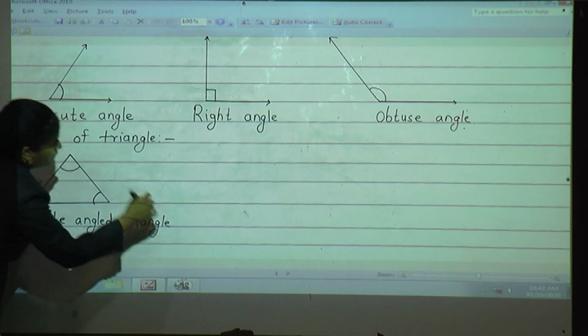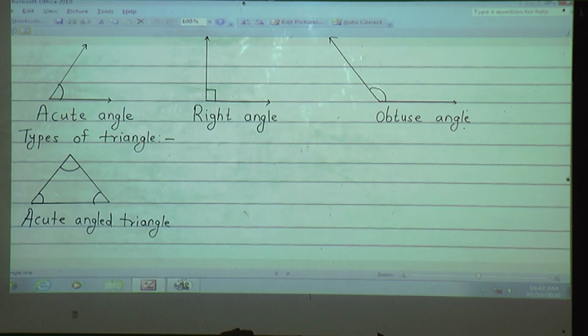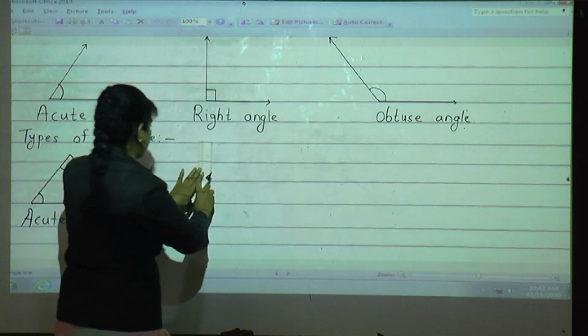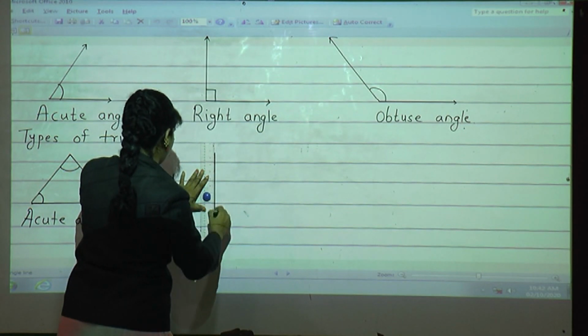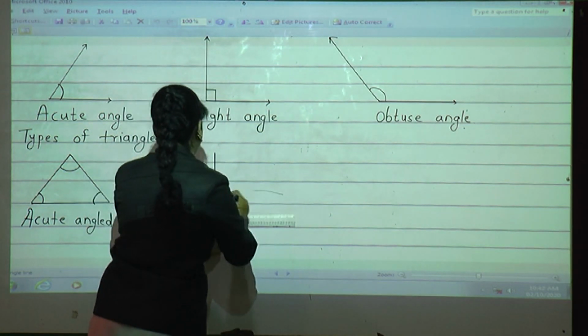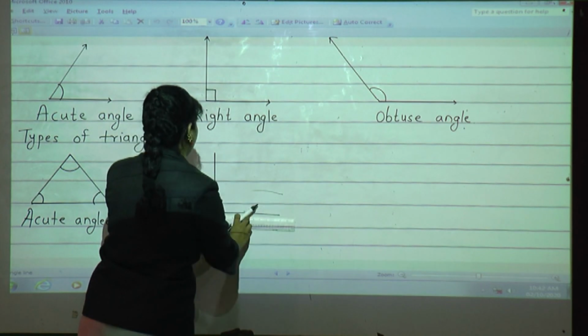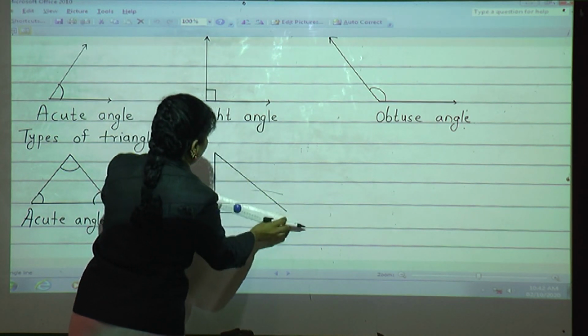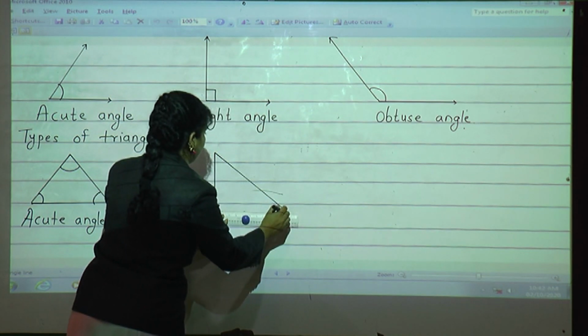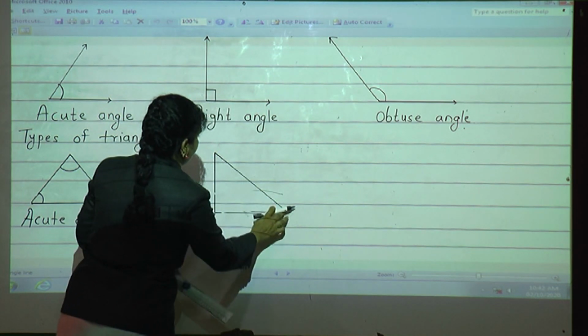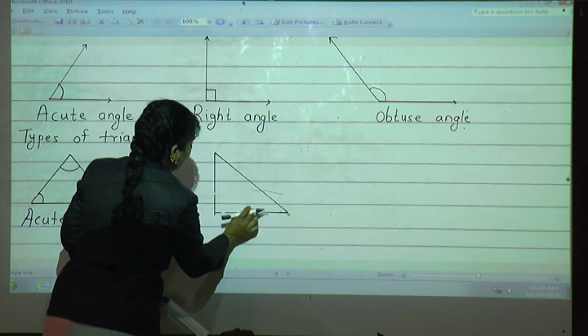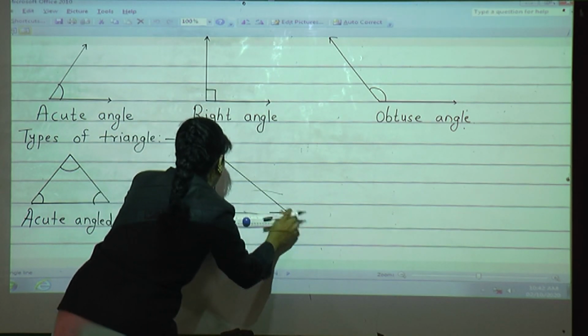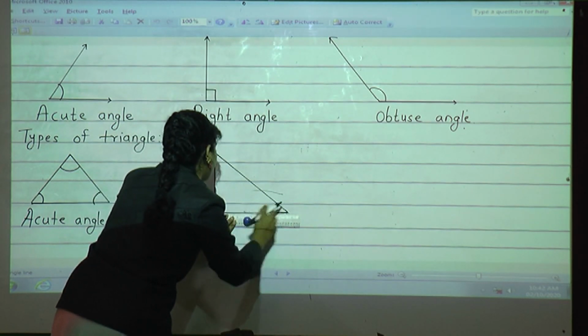Now we'll see our next triangle. See, like this. See here.